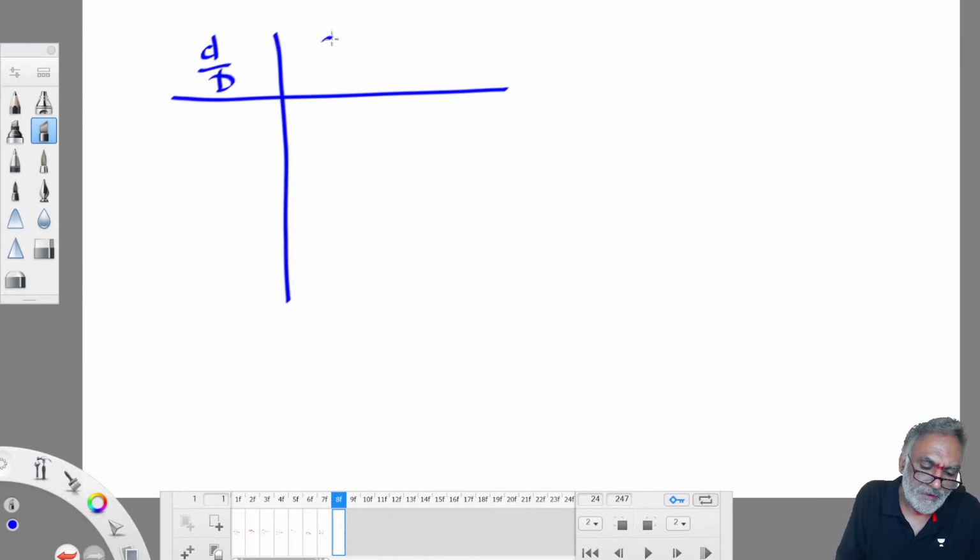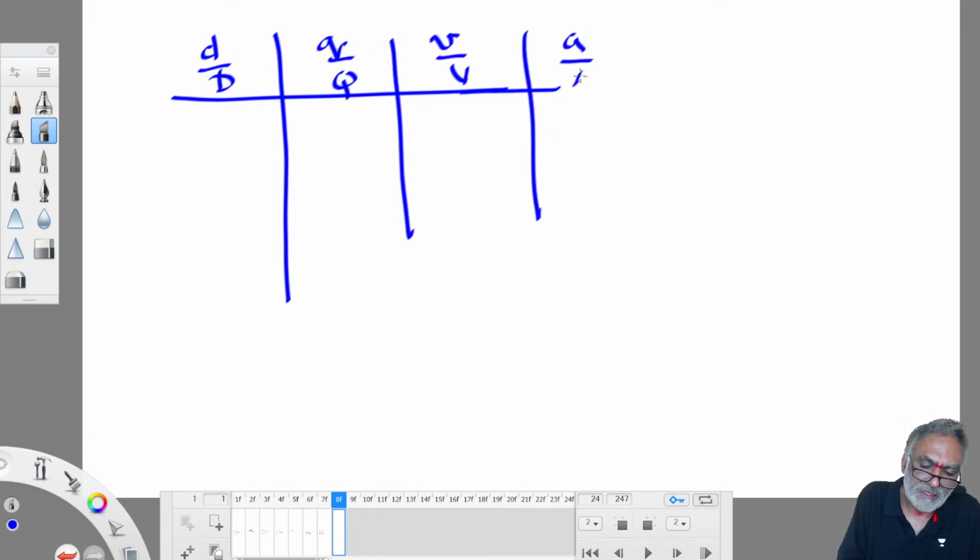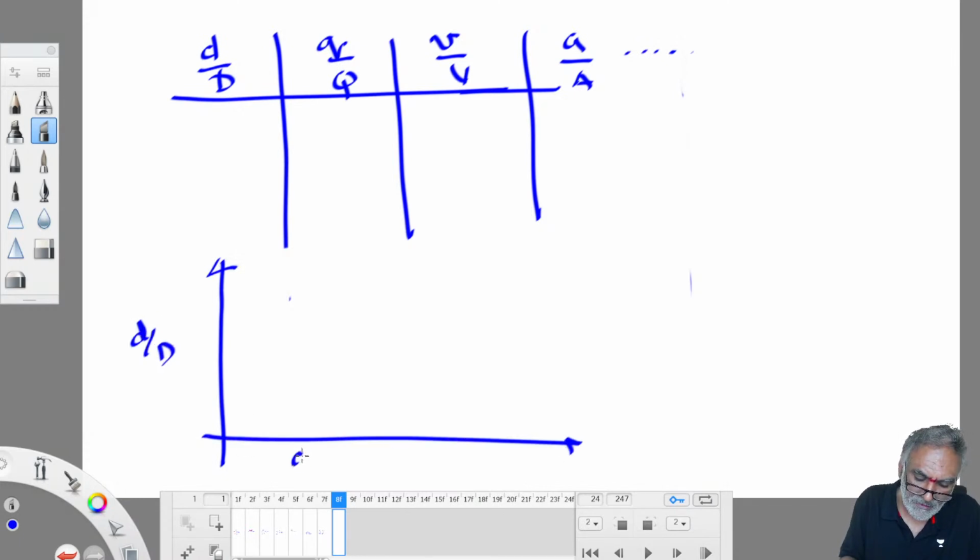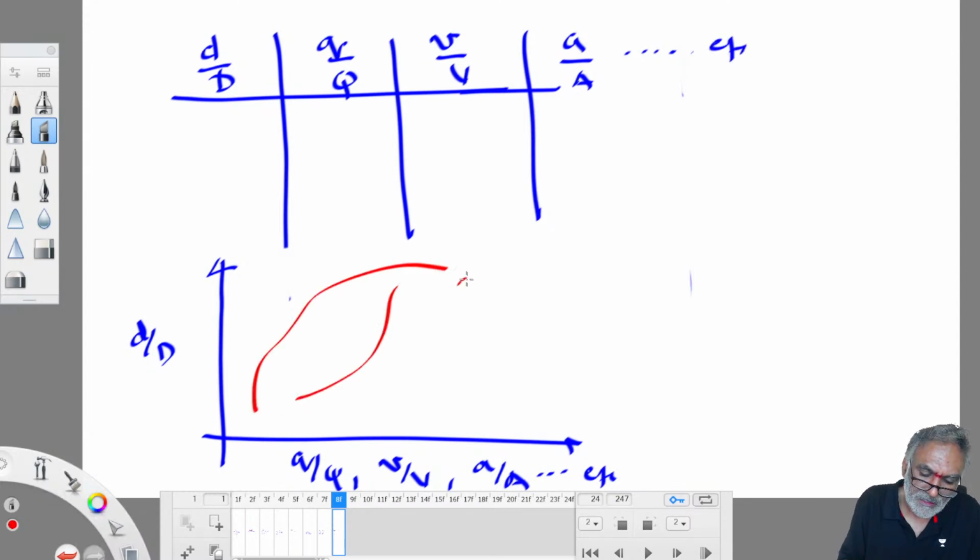Here we will find d by D, and for a given d by D, we find q by Q, v by V, a by A, etc. Or the same thing may be given in the form of diagrams also. Here you will have d by D on one axis, and q by Q, v by V, a by A, etc. on the other. So for everything they will give you a diagram like this: discharge diagram, velocity diagram, area diagram.